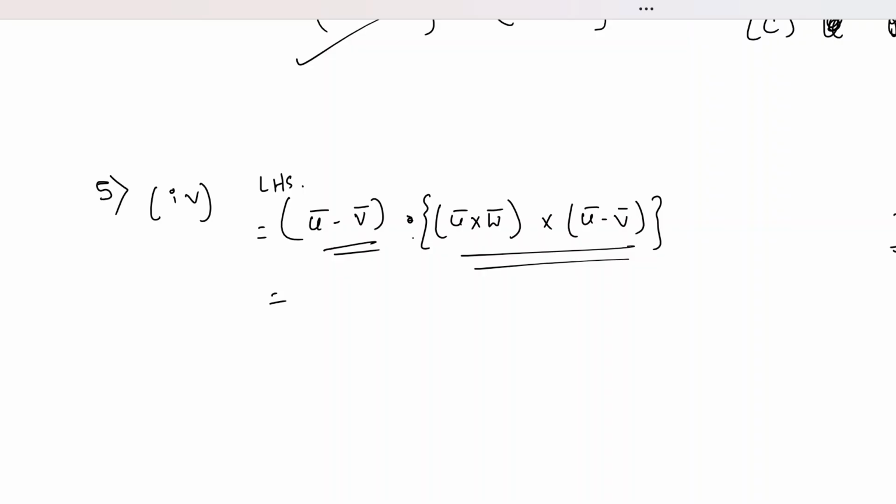Like A to B, B to C and C to A, this cyclic order has to be maintained. So it was A dot B cross C, right? The second expression in the cyclic order, starting from B, will go to C and then A. So B comes in the dot product first and then C cross A. Similarly, another term starts with C, where C comes in the dot product and then C to A to B, so C dot A cross B. So all three terms are equal. This is another vector identity rule that we are going to use here.